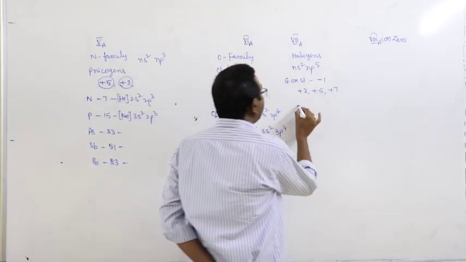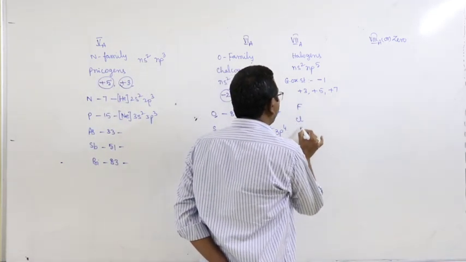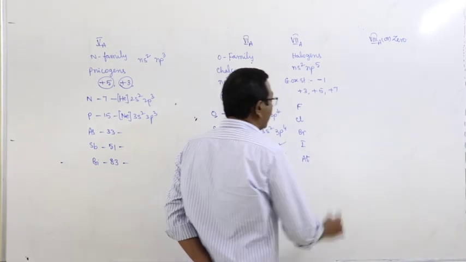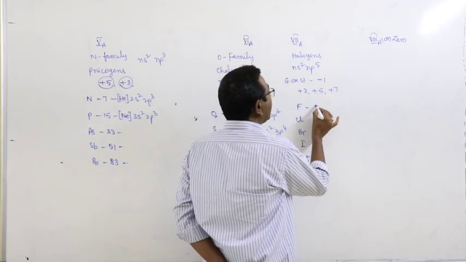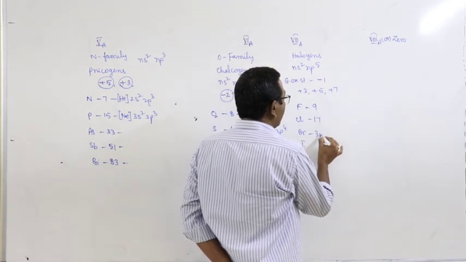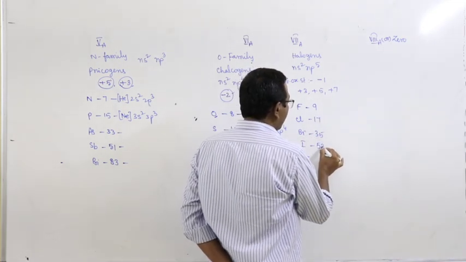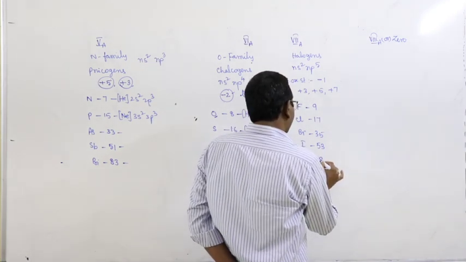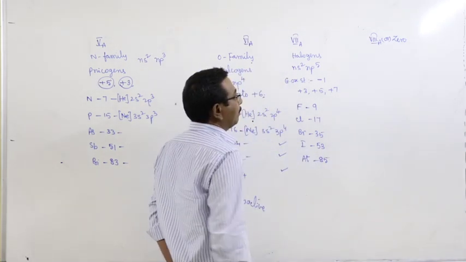And here what are the elements? Fluorine, chlorine, bromine, iodine, astatine. Fluorine atomic number 9, chlorine 17, bromine 35, iodine 53, and next one astatine 85.